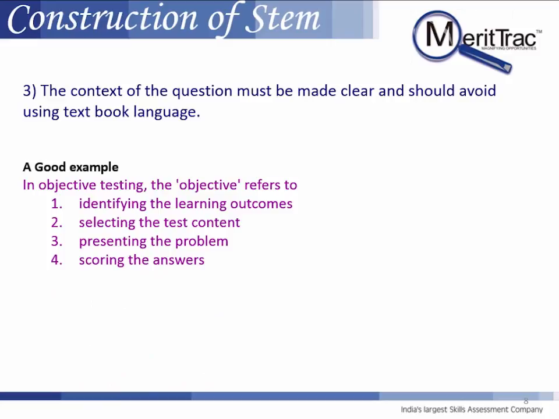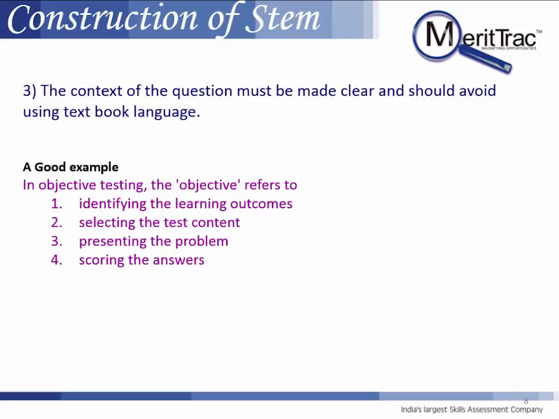This is again a very important point. The context, particularly in a classroom where students and teacher would be on the same page of the book: if, without elaborating the context, the teacher asks a question, or for that matter even a student asks a question to the teacher, it would not be a great difficulty for either of them to realize what the context of that question is.